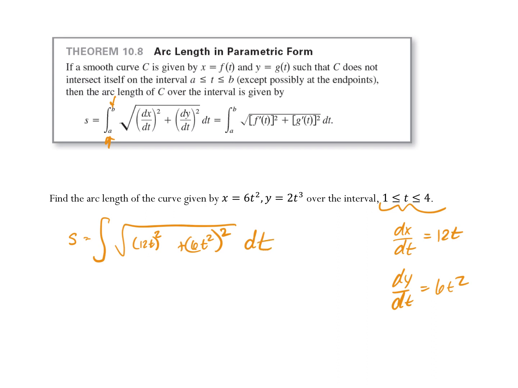And just like before, we're dealing with arc length and all those kinds of things. We didn't put our bounds here, so the bounds would be from 1 to 4. I am completely comfortable with you guys just using the setup statement.